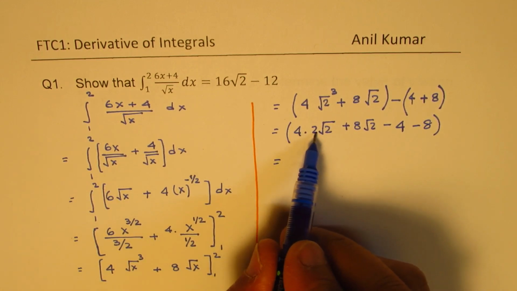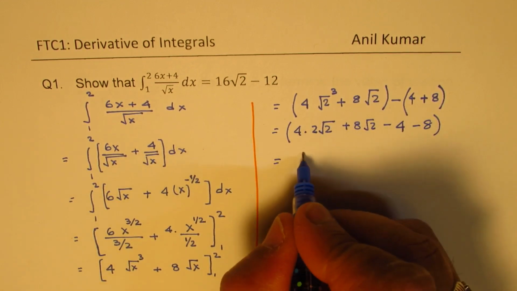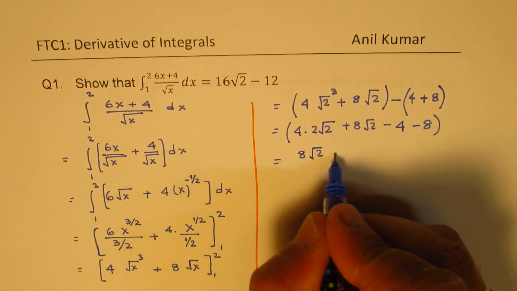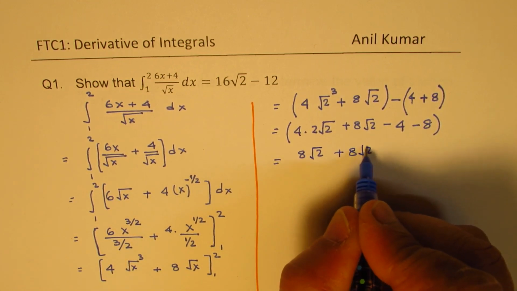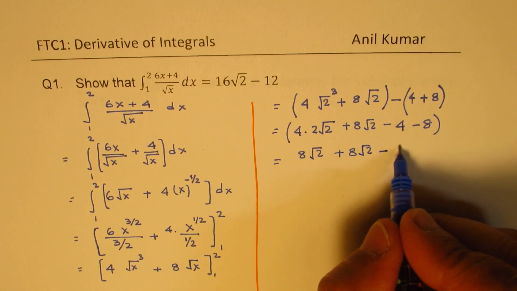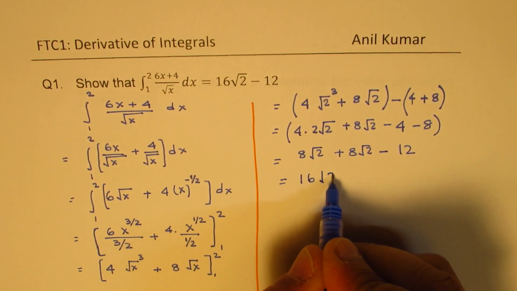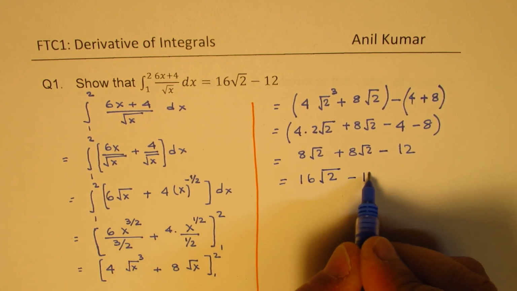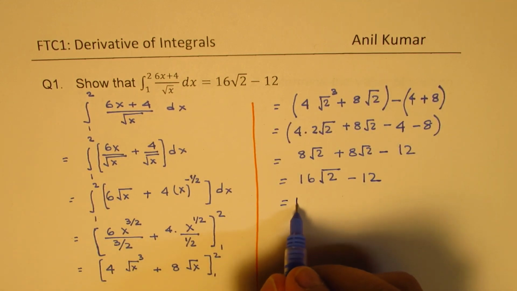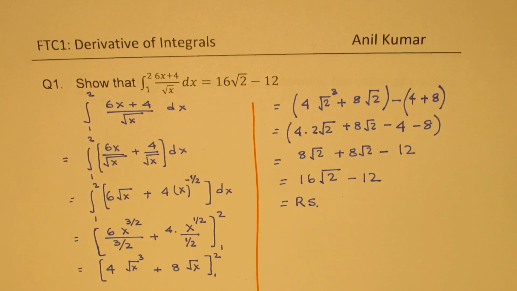So that is 8 square root 2 plus 8 square root 2 minus 12, and that is 16 square root 2 minus 12. So that is the right side. Is it okay? So that is how you could prove this.